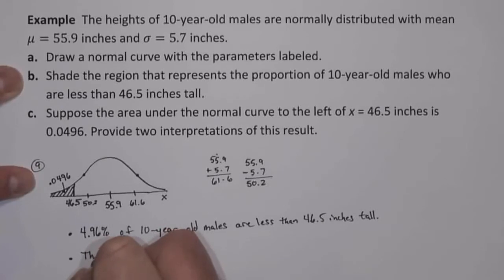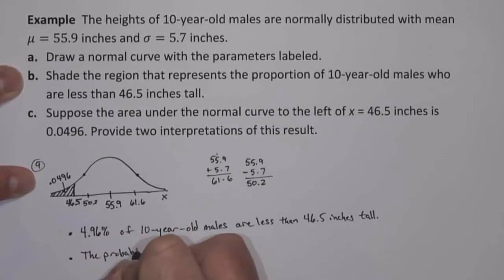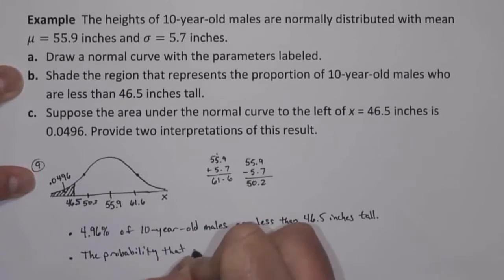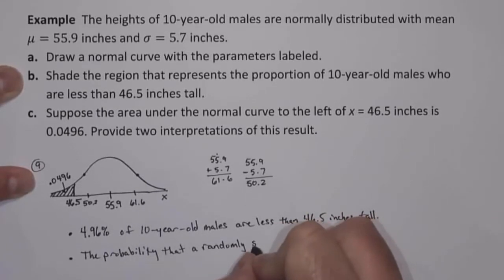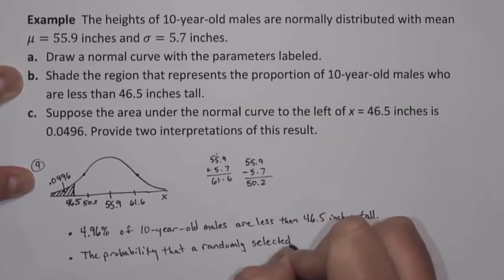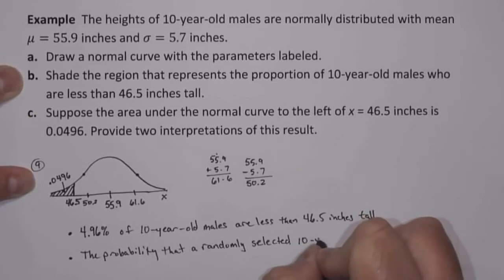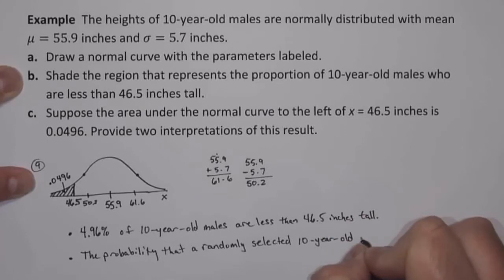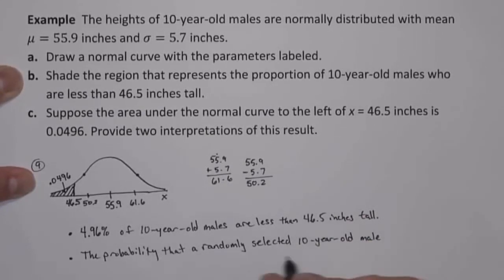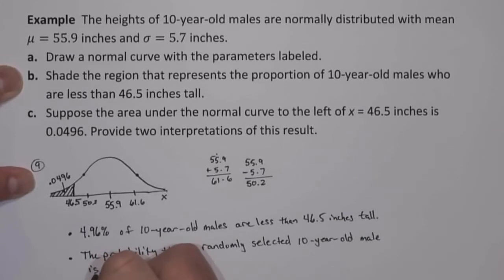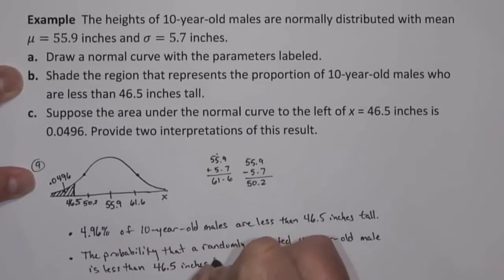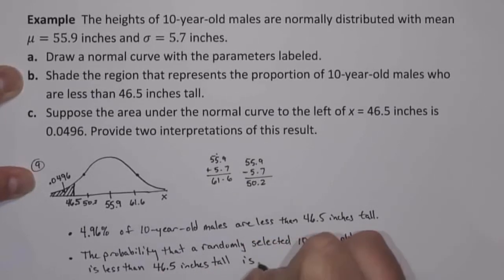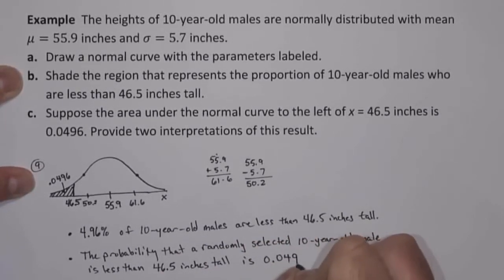So the probability that a randomly selected 10-year-old male is less than 46.5 inches tall would be 0.0496.